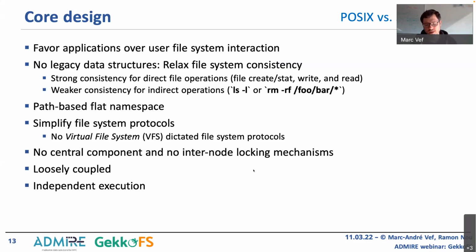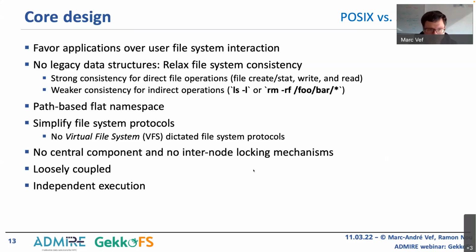If you have a strong POSIX requirement, you would reflect the state of what is currently on the server when you do an ls. And we cannot have that if we want to be scalable and have no locking. Also, if we're not using inodes, we're just using paths, and we can have a flat namespace. This means we don't really need directories anymore.